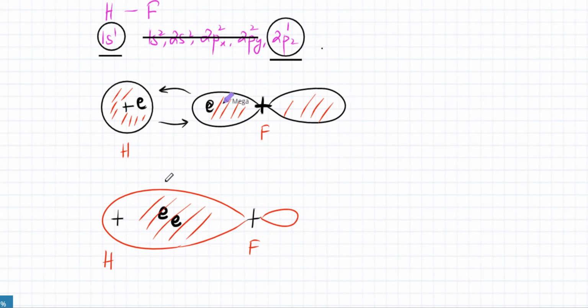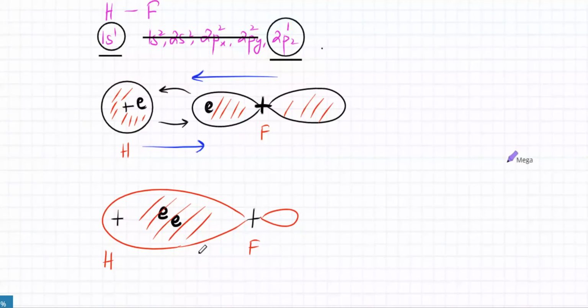Previously, where was the electron moving around? It was buzzing around over here, and it was also buzzing around in this area. But now, because hydrogen is pulling its electron, the electron will get pulled in this direction, and hydrogen's electron is going to get pulled in this direction.